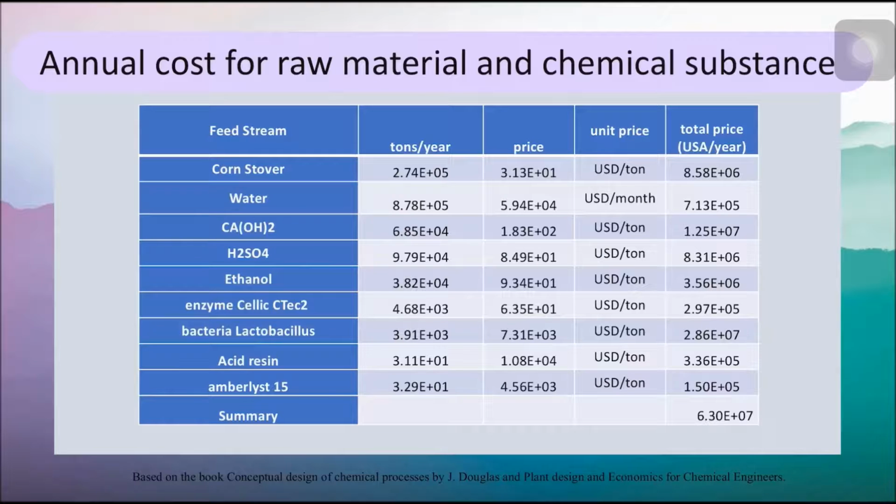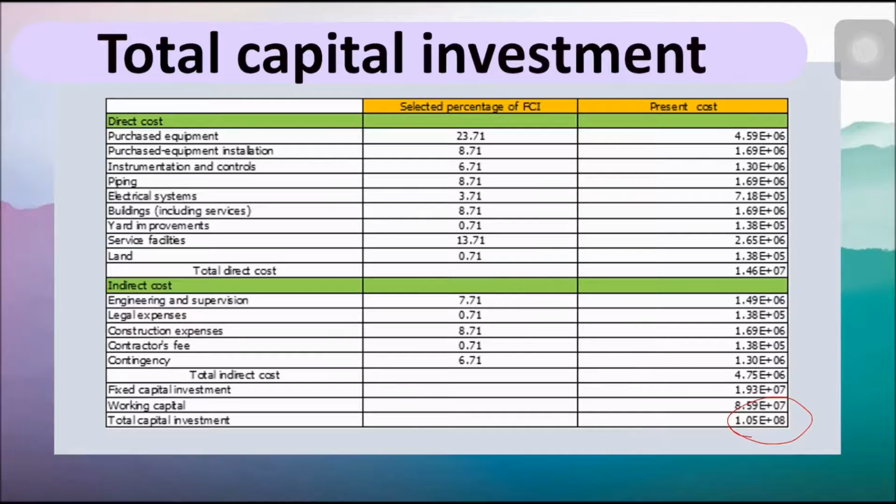And then we know the purchase cost of equipment already. We can select the percentage of FCI, and then we will know the direct cost and the indirect cost, and then we can find the fixed capital investment, and then we will know the total capital investment, and our total capital investment is 1.05 multiplied by 10 to the power 8.